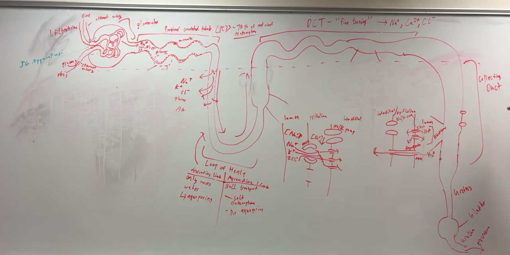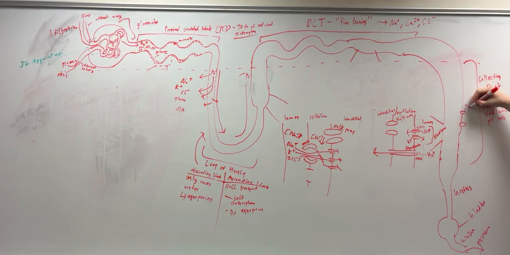The other thing I want to mention about the collecting duct that I forgot about is it also manages blood and urine pH levels. And it does this with these two little transporters.